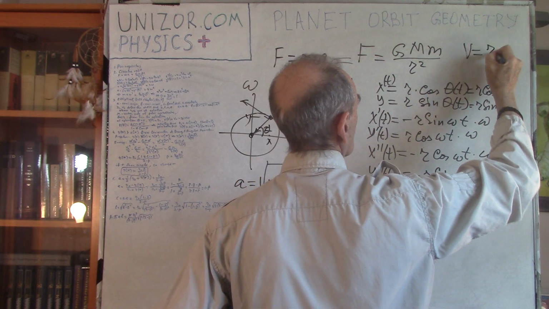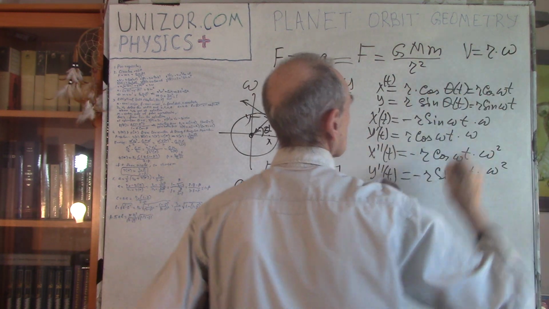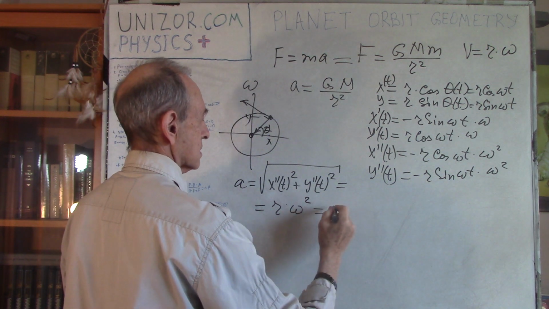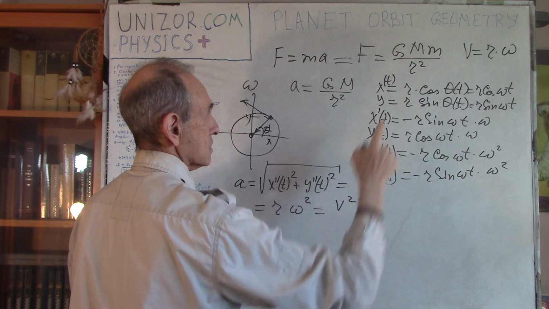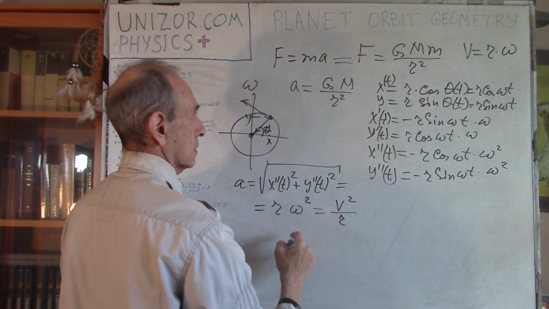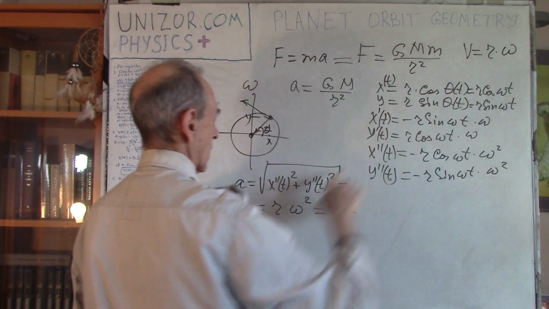Okay, equals r omega square. Now again, since my linear speed is equal to radius times angular speed, then I can say that this is equal to v square, which is r square omega square, divided by r. Because it will be r square, I need only r.